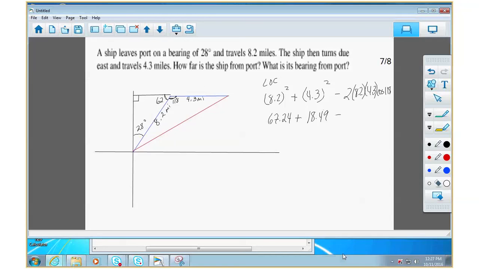Once you get right here, negative 65. Minus a negative.